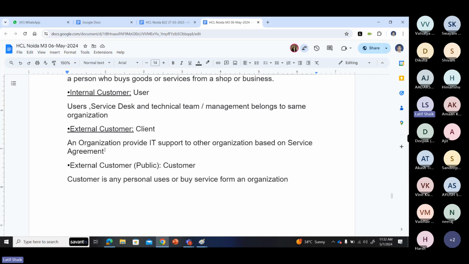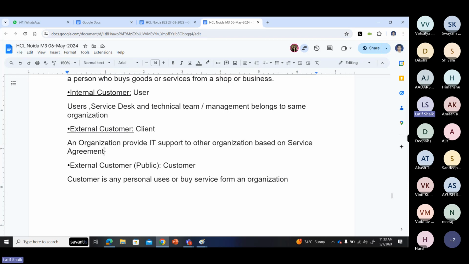Internally we already have a team. In our IT organization, there is support for internal customers as well as external customers. And there are different teams available under service desk based on their issues, requirements, and changes of services. So these service desk people will support them.